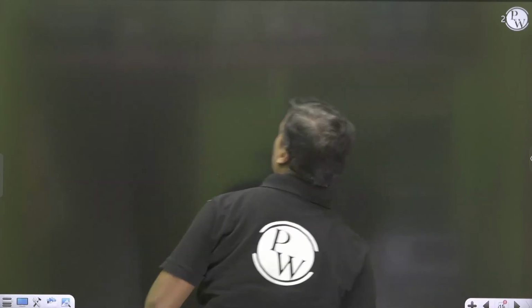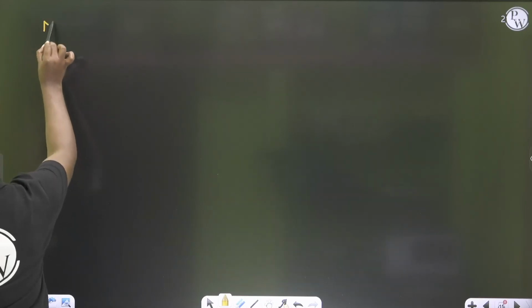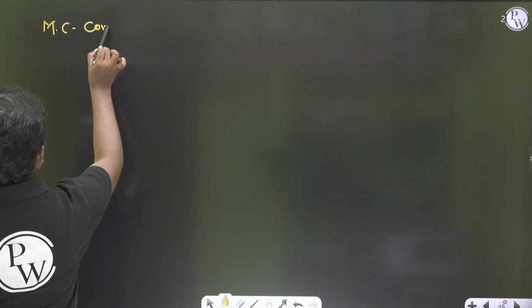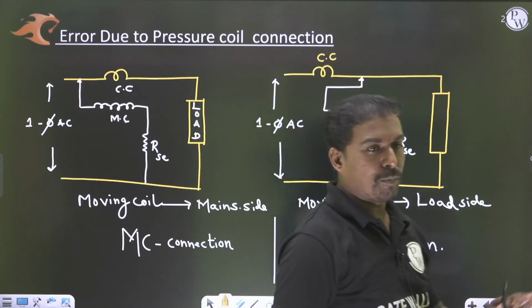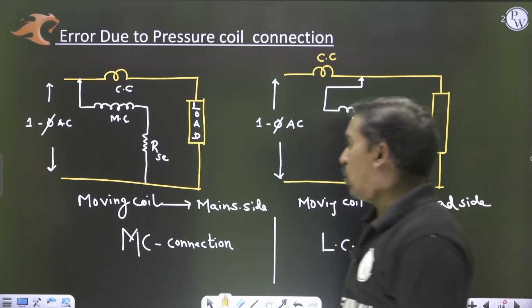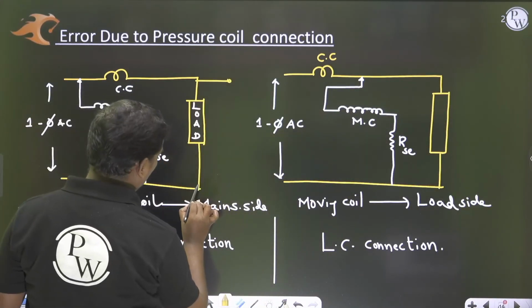Let me write here. In MC connection, what is going to happen? What is the true value of the power and what is the measured value of the power if you check? So the measured value is always this, right? Actually the true value is this.